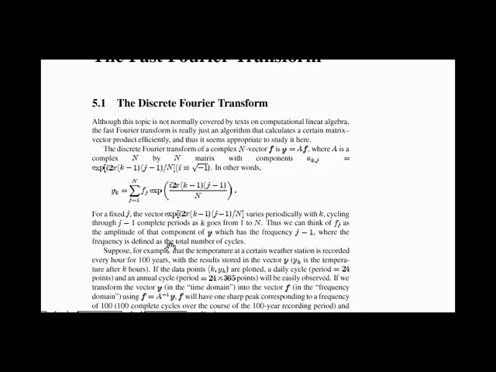Okay, so you can always do either the forward or the inverse transform by simply multiplying this out, multiplying the matrix A times F, or the matrix A inverse times Y to get F. But that would normally be order n squared work, because matrix vector multiplication is order n squared work.